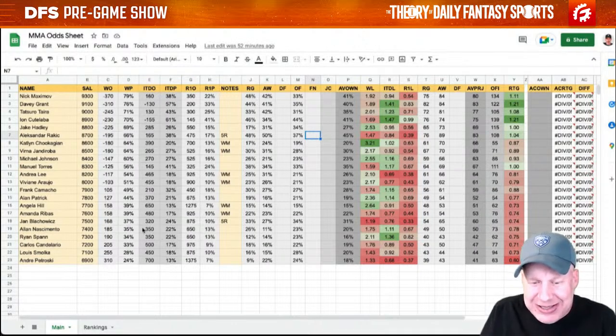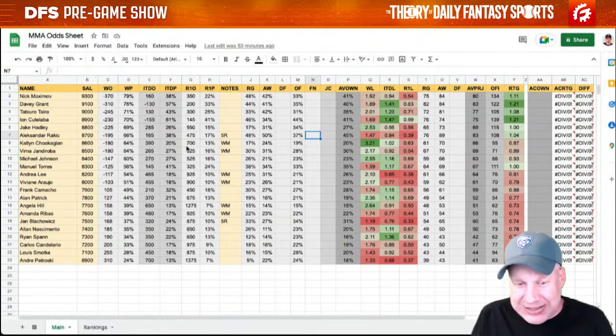Even the inside the distance lines on Nascimento and Span are like 22%. Smolka is 18%. It's not out of the question here. We were seeing ITD lines of 900s and 1200s for the past 2 or 3 cards, and guys that have an 80, 88, 97, Romanov 98% chance of winning. It's not one of those cards.